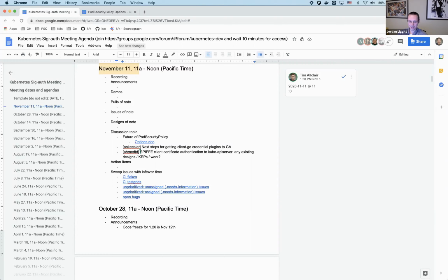Tim and I spent a fair amount of time trying to figure out how to morph PSP into something that solved the problems. And I agree with Mo that the shape of the existing API and maintaining compatibility with a thing that has a ton of problems actually made it harder to get to a good place.